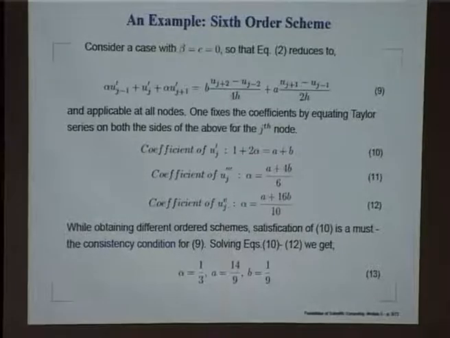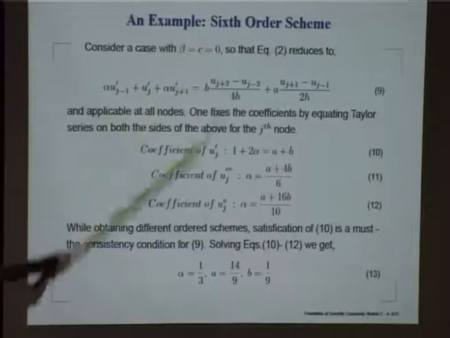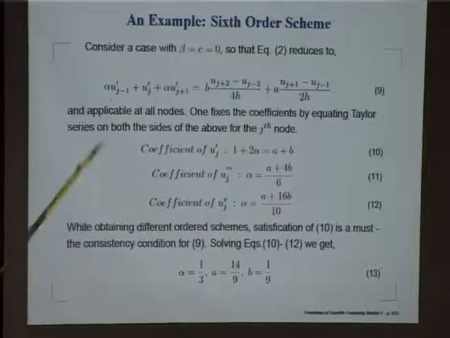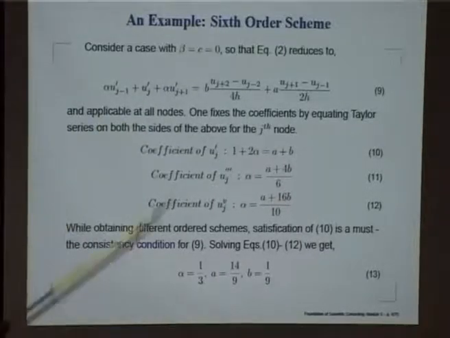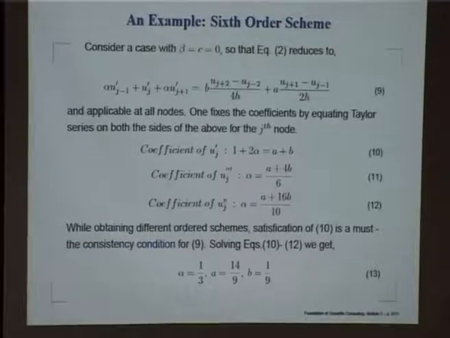Okay, so let's do a concrete example. So it's better that way. We set to begin with beta and c equal to 0, so that on the left hand side we have a tridiagonal structure, but on the right hand side we have a pentadiagonal structure, right? It's going from j minus 2 to j plus 2.